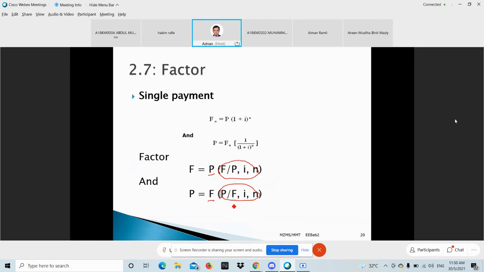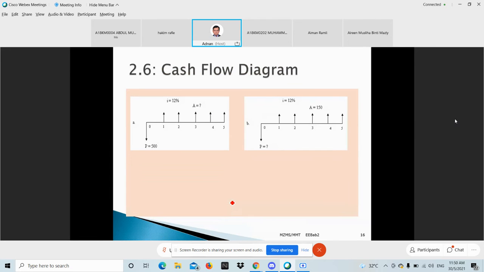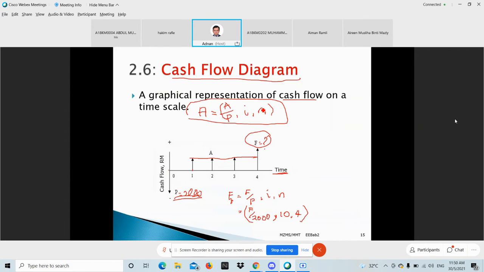Okay, so jadi apa yang saya tunjukkan tadi, kita kena masukkan dalam kes ini, kita kena masukkan okay, kalau kita nak tahu what is the value of A, okay, so kita akan masukkan P di sinilah. Okay, yang dalam ini adalah faktor.